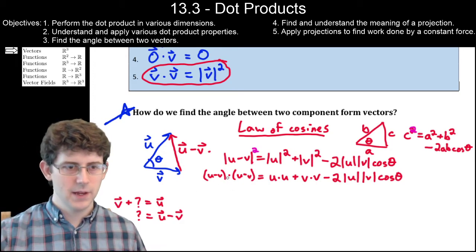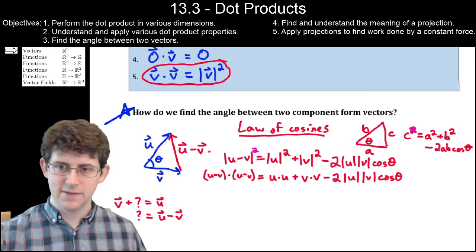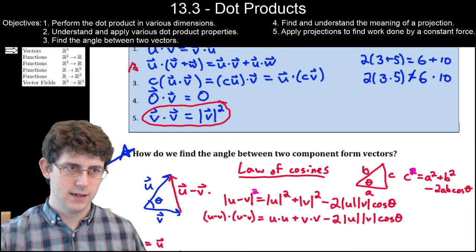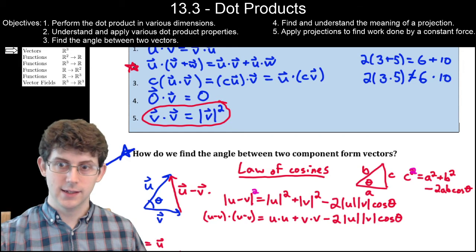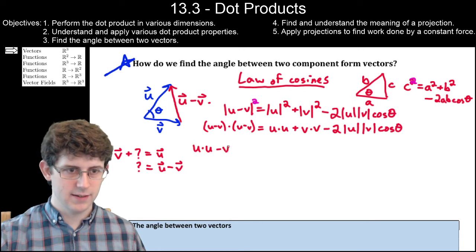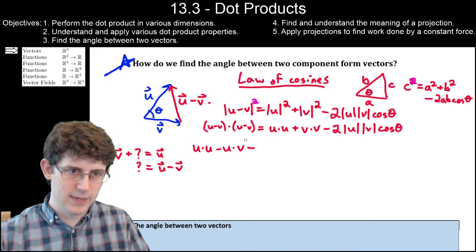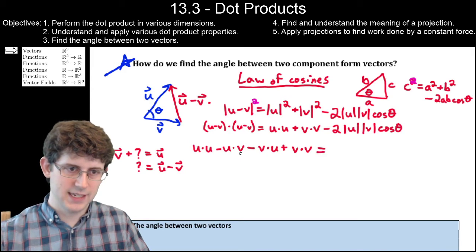So what can we do here? Well, I can basically FOIL the left side. Because I have the distributive property, it lets me FOIL a bunch of vectors. So I'll have on the left side u dot u minus outside u dot v minus inside v dot u plus last v dot v. That's the left side.